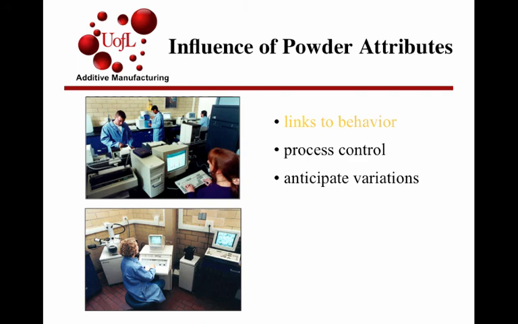By understanding these interrelationships between the starting powders and the way you have to print them, you can anticipate variations that might exist because of lot-to-lot variations in powder attributes. And you can set specifications. Of course, the danger of setting specifications is that you only use a certain fraction of the overall powder that the manufacturer produces. And so that can add to the cost.